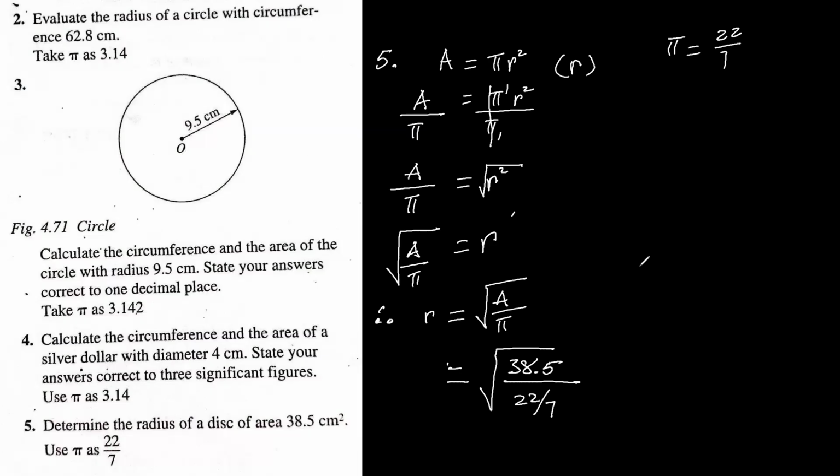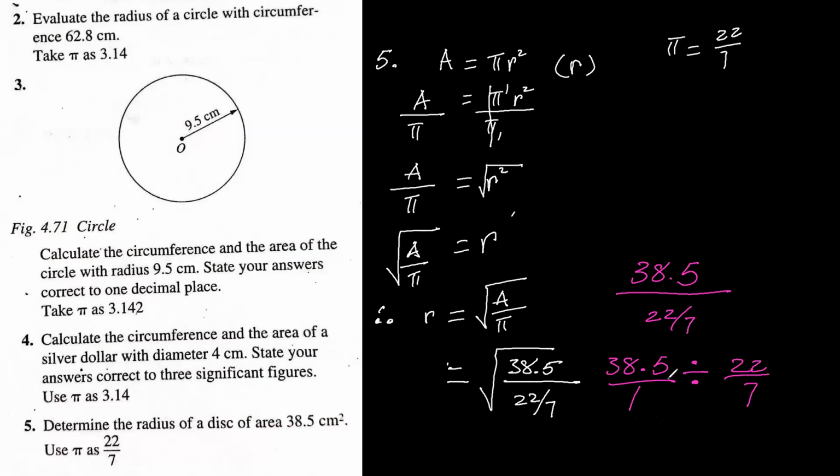Now, I just want to look at 38.5 divided by 22 over 7. 38.5 divided by 22 over 7. What do I do with the division sign? Somebody.